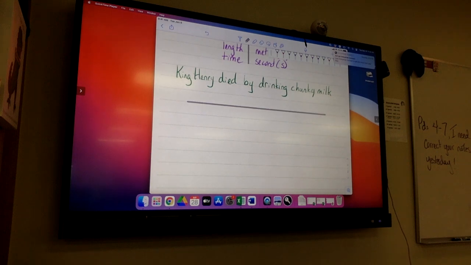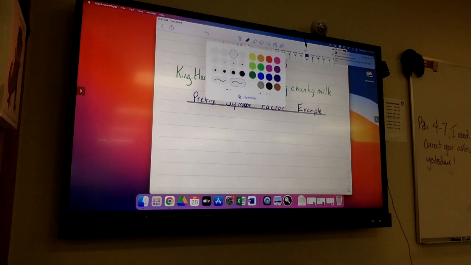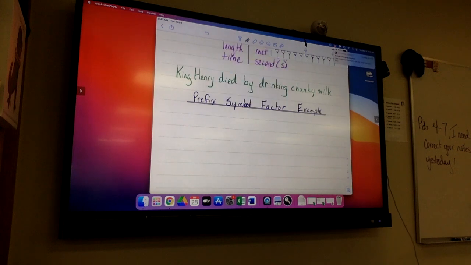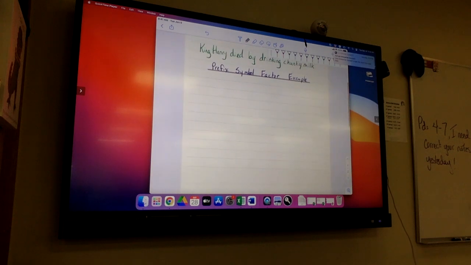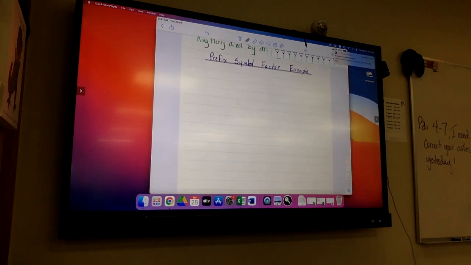And this is going to be your prefix right here, and your symbol, and the factor, and an example.